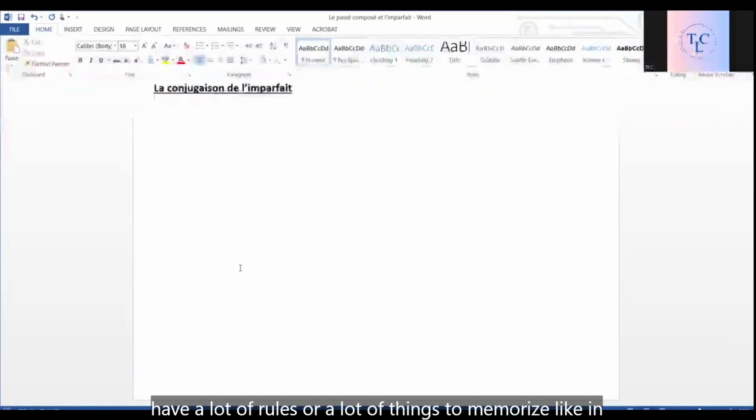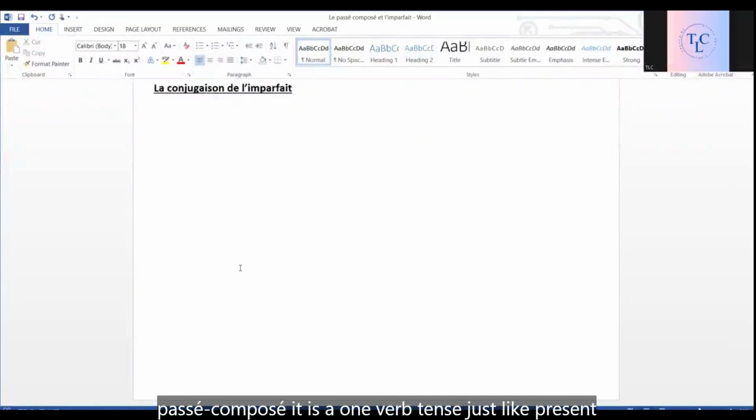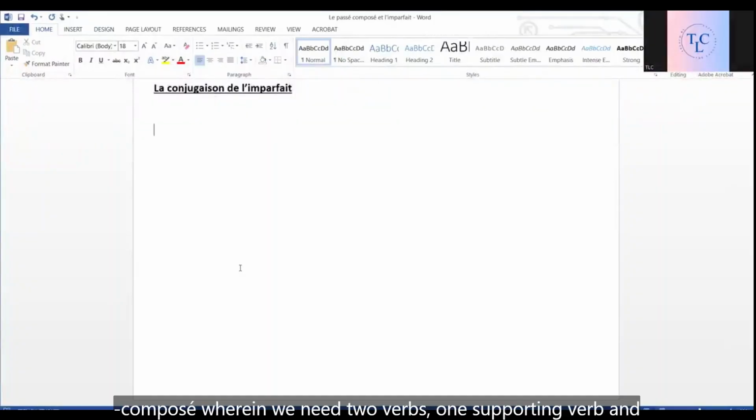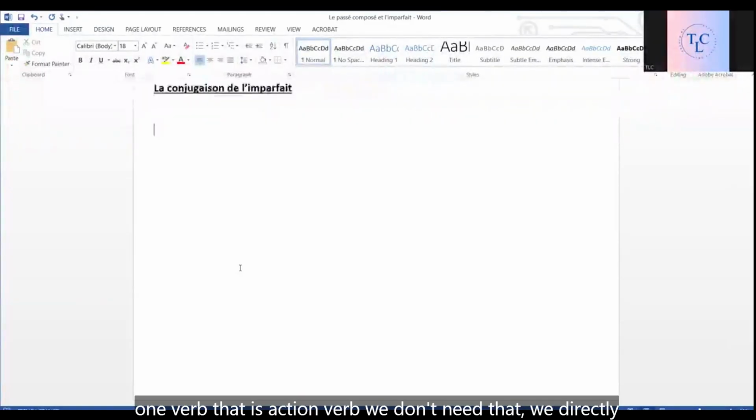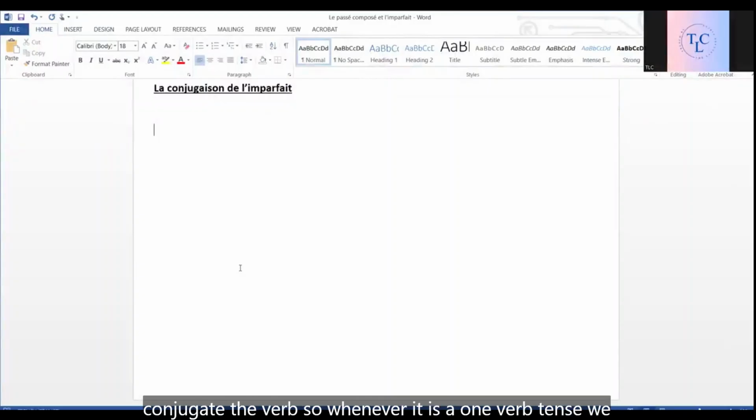It doesn't have a lot of rules or a lot of things to memorize like in passé composé. It is a one verb tense, just like present tense. It's not like futur proche or passé composé wherein we need two verbs, one supporting verb and one action verb. We don't need that. We directly conjugate the verb.